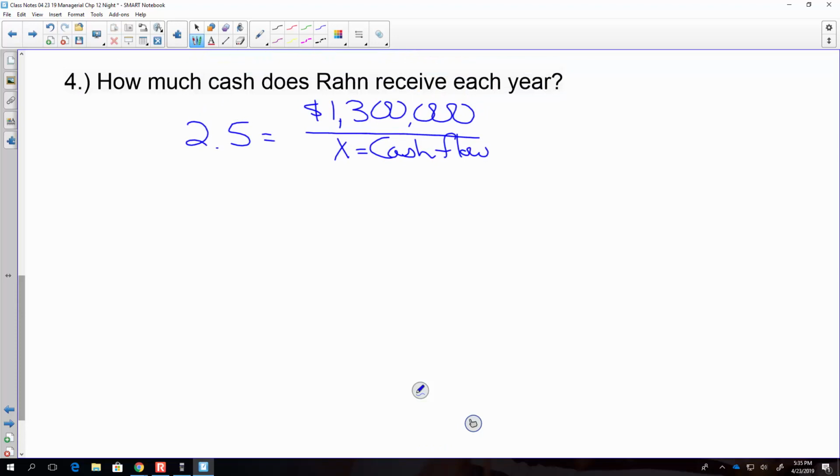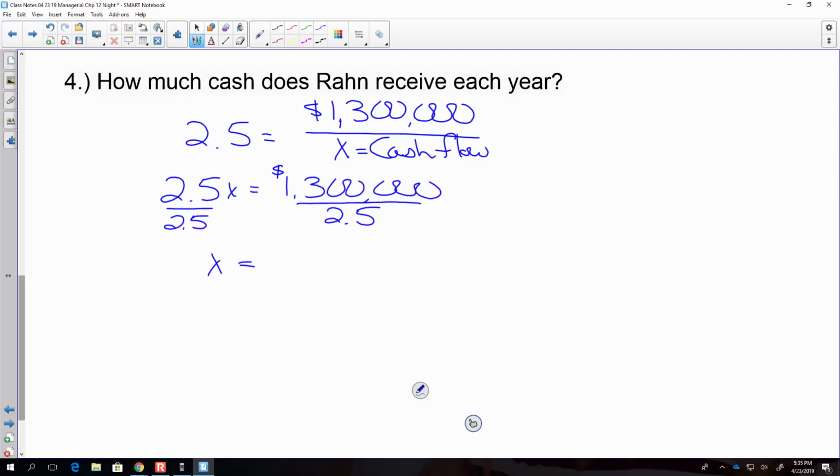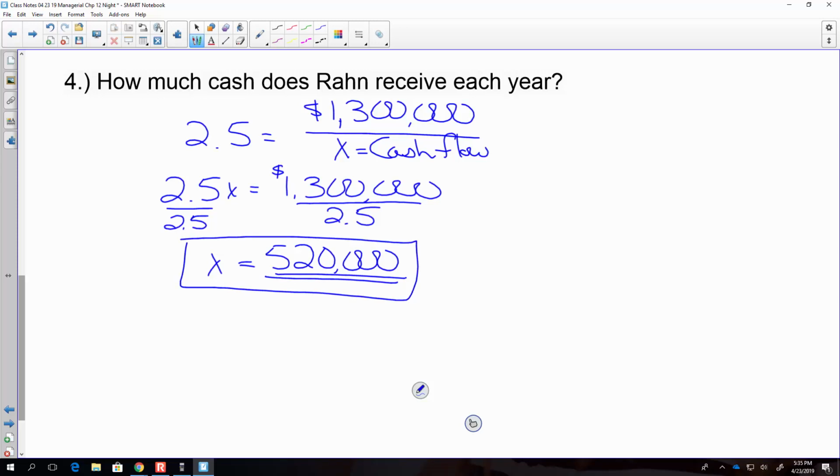I would multiply both sides by X, then divide by 2.5 on both sides of the equation. And X is equal to 520,000. This is the annual cash flow that we would need to receive every year to pay back this investment in 2.5 years. So that kind of rounds out the exercise for payback.